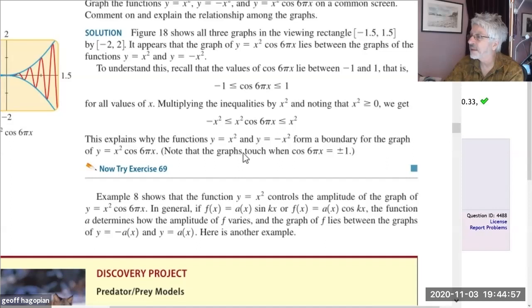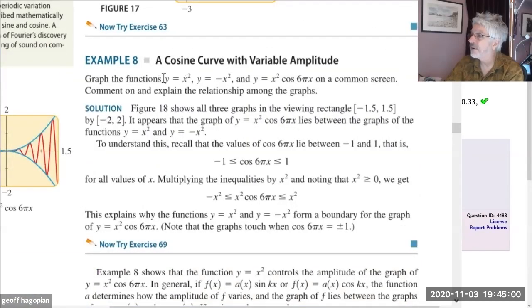Graph the functions y equals x squared, y equals negative x squared, and the product x squared times cosine of 6 pi x on a common screen. So here, the coefficient, the multiplier of the output, of the cosine function is a variable, x squared.